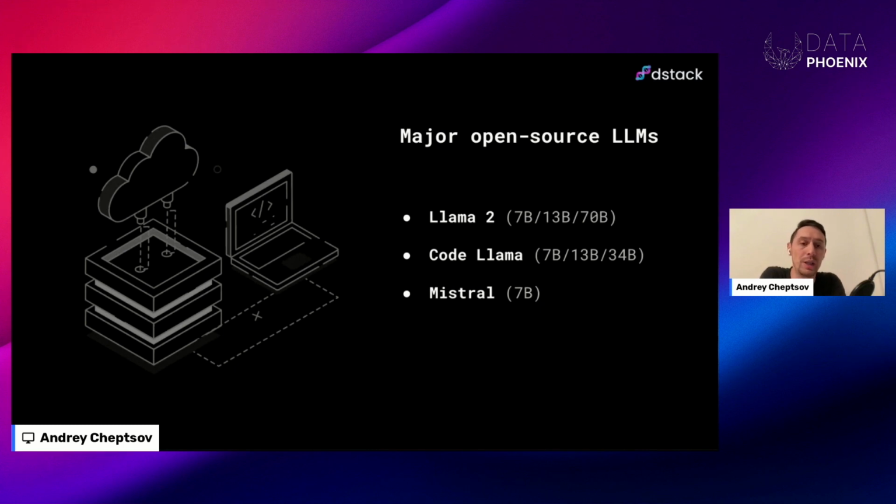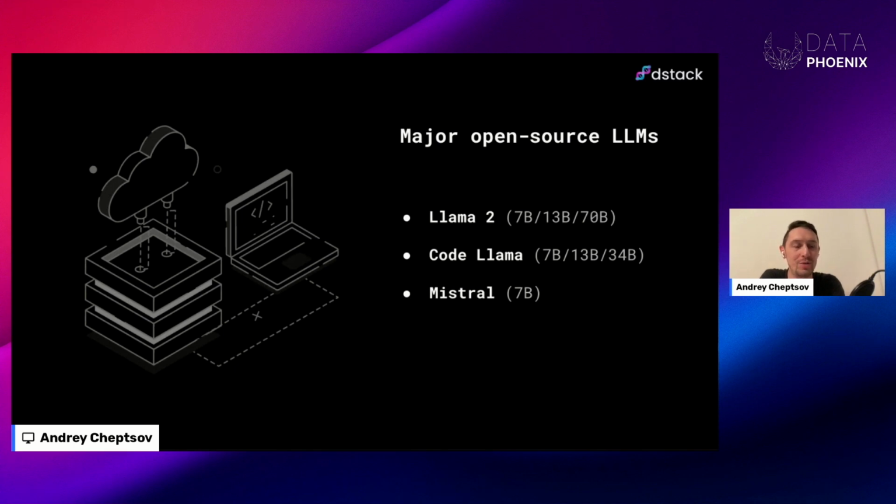The first one is, of course, Llama 2. Llama 2 is the second version of the so-called local Llama. This is a model by Meta, which was shared in partnership with Microsoft and is offered in three different sizes.